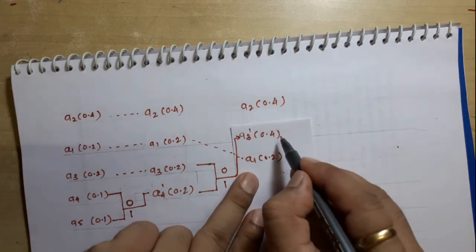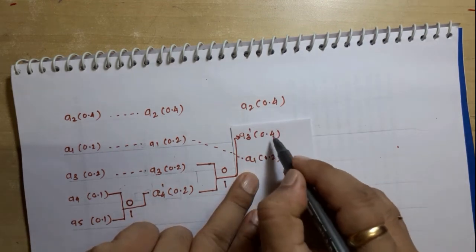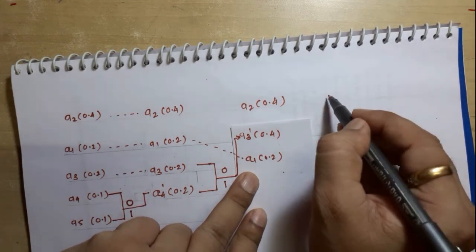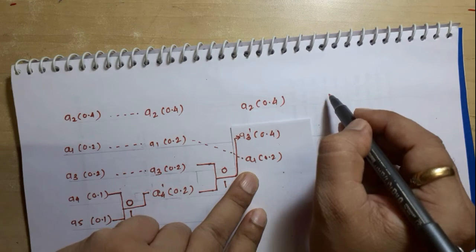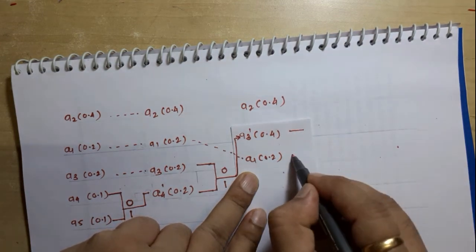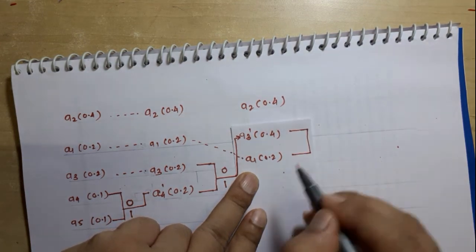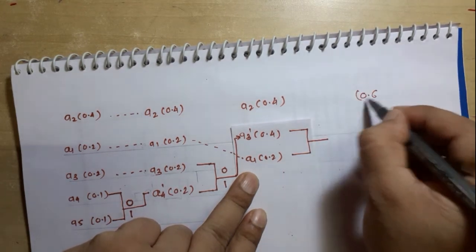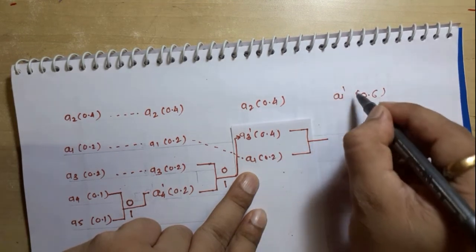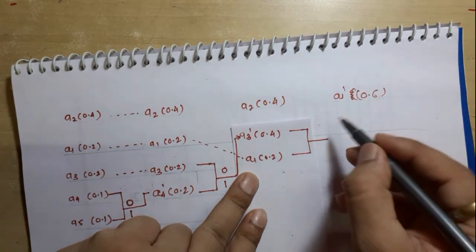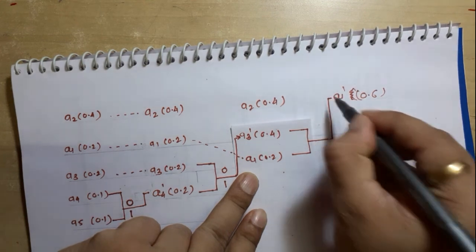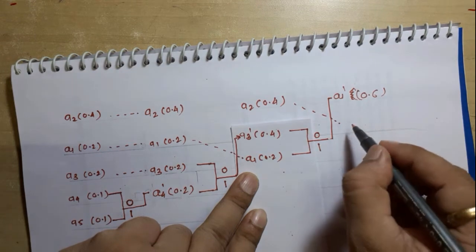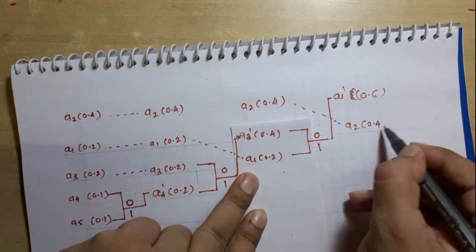Next we add A3 dash and A1, which comes out as 0.6, and this goes to the top side. This will be A1 dash, and we assign the branches 0 and 1, and here comes A2 of 0.4.